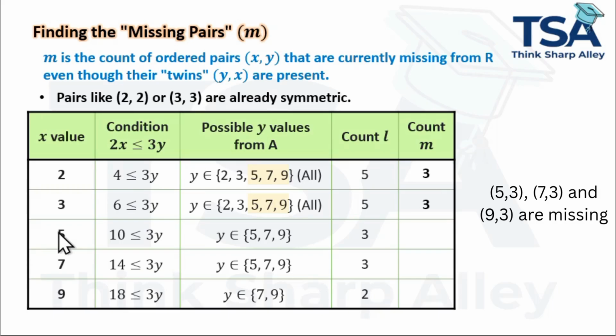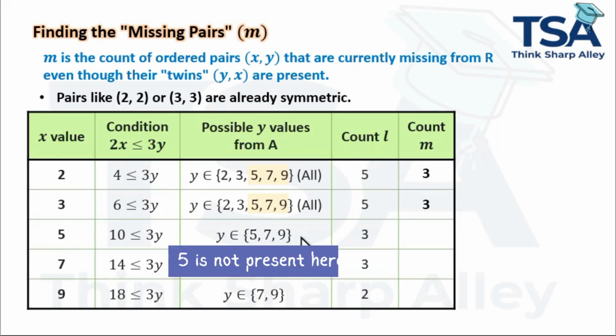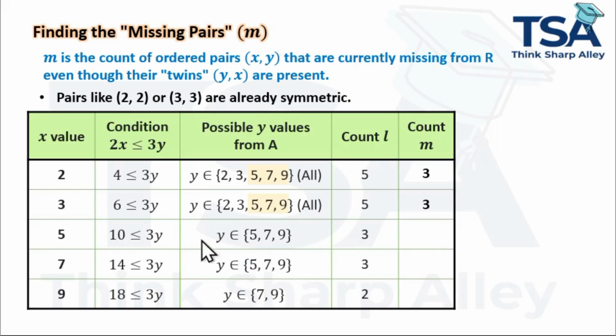So when x equal to 5, we have (5, 5) which is its own twin, (5, 7), so (7, 5) is also present, but for (5, 9), the mirror image (9, 5) is not there. That means from this row, only one pair does not have a mirror image, that's why the count of M over here is 1.